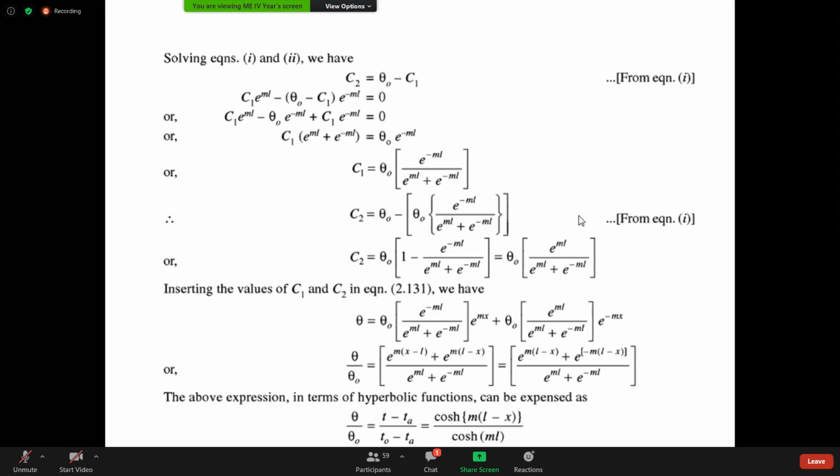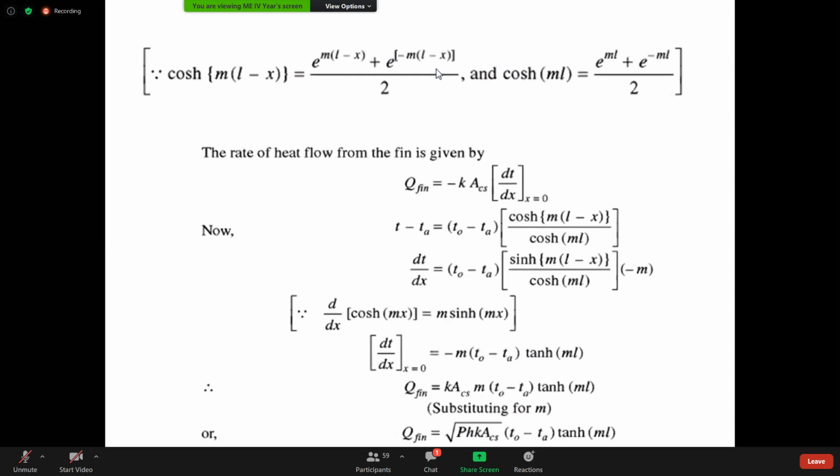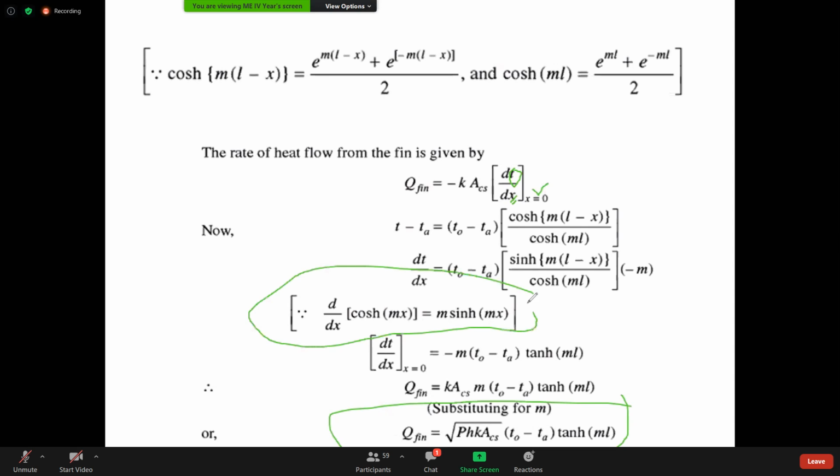After substituting this, you will get the necessary heat transfer. So substitute the T here, differentiate with respect to x, put in place of x is equal to 0, and do this. You see, the differentiation step also it is provided here. Right? So after doing this, you will get another.